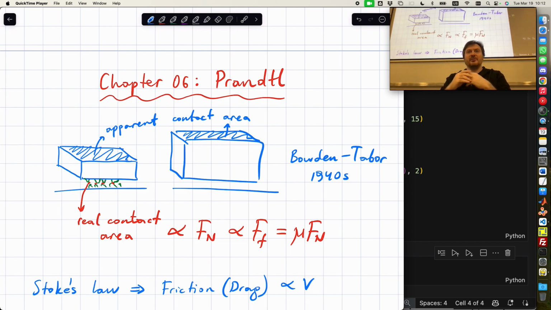No, that's too much. 1 centimeter squared, that's too little. 100 centimeters squared area, right? But it is not. What it is touching, the real contact, is much smaller, okay? Since the real contact is much smaller, the pressure is much higher on those contacts.